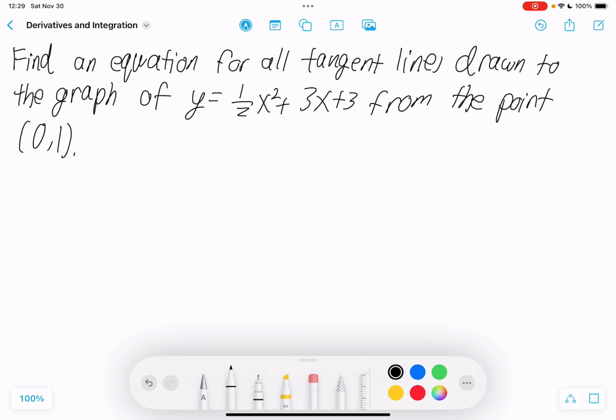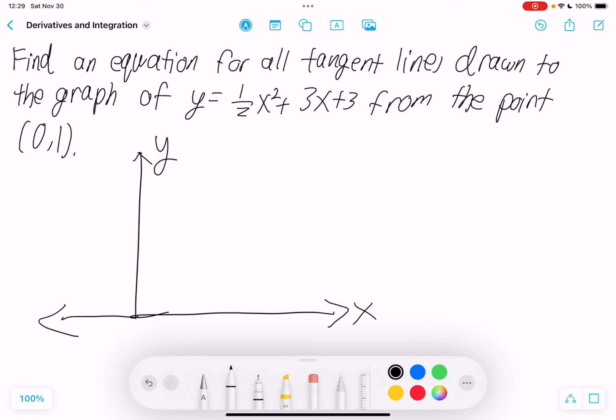So what this problem basically means is, I have this graph right here. If I'm going to draw this out, it's probably going to look something like this. And we know that the point (0, 1) is somewhere over here on the y-axis.